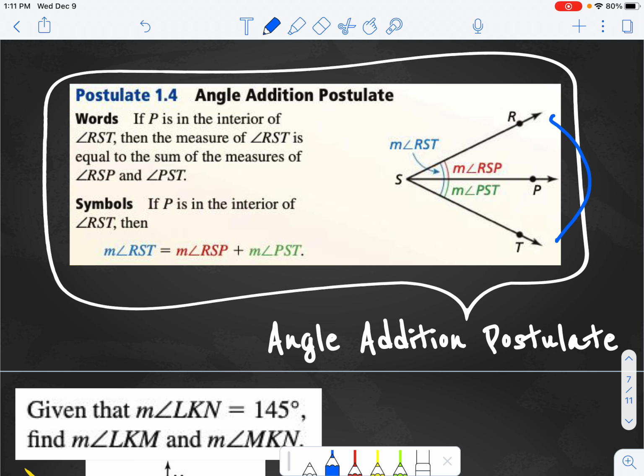Or on the other side of that, if they tell you this whole thing is 80 degrees, and they tell you that these two are the same, then you can assume that this is 40 and this is 40. Okay? So, two different sides of the same coin that the angle addition postulate does for us. Very similar to the segment addition postulate, but just applying it to angles.